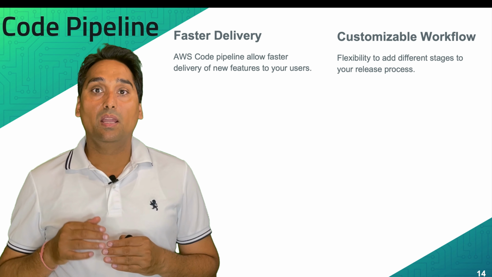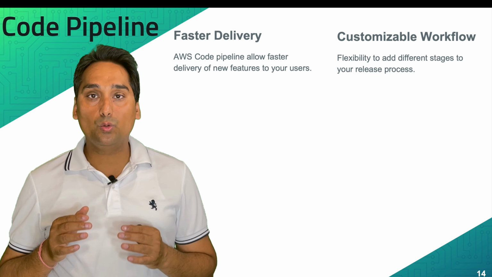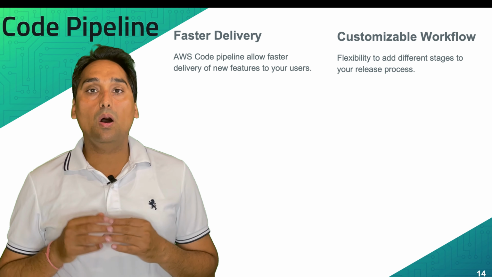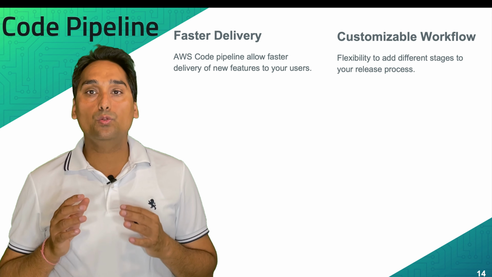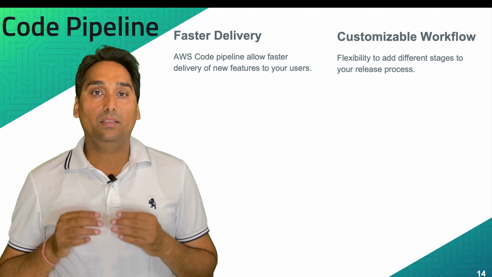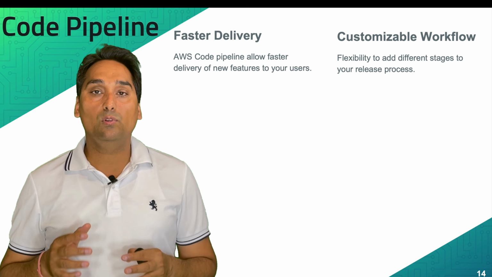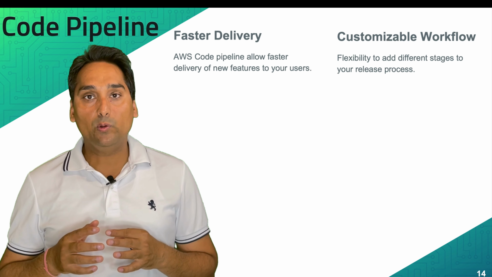release process. AWS CodePipeline allows you to model the different stages of your software release process using the console interface, the AWS CLI, AWS CloudFormation, or the AWS SDK.